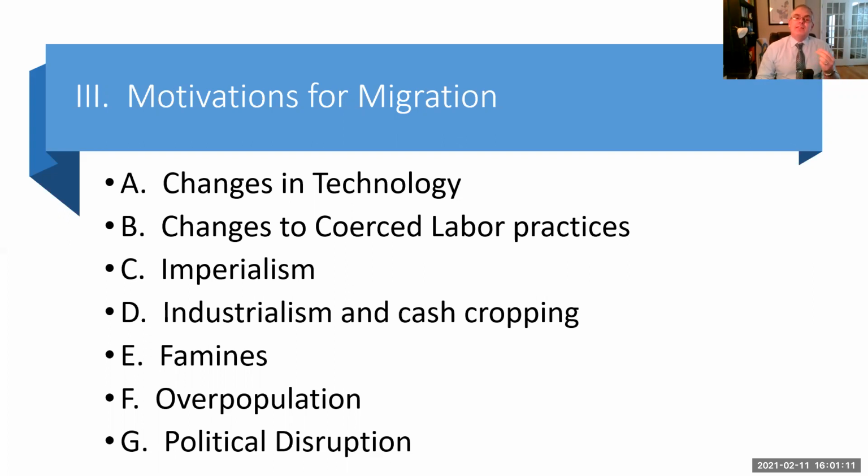The second thing is the changes to coerced labor practices. As I've referenced before, we have an abolition of slavery going on in the 19th century, but the sugar plantations still require workers. And that means that labor is going to be sought out. And that labor demand is going to be fulfilled through this immigrant labor coming into the Caribbean and into South America.